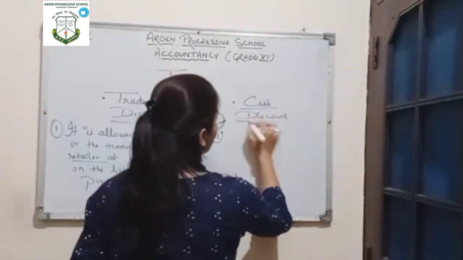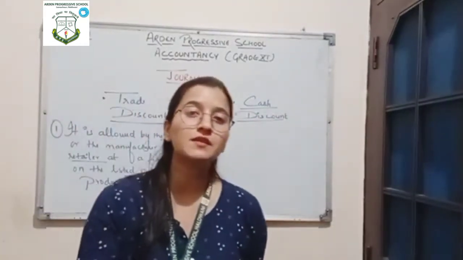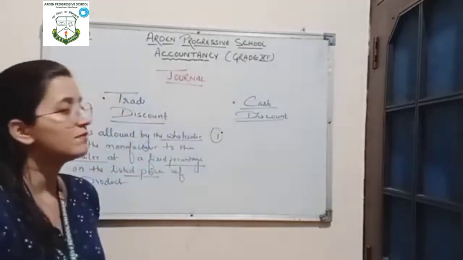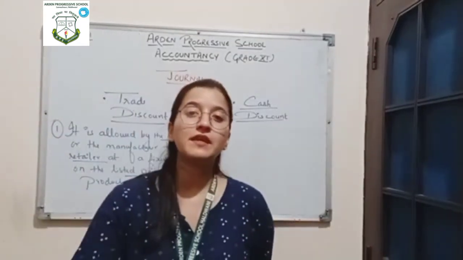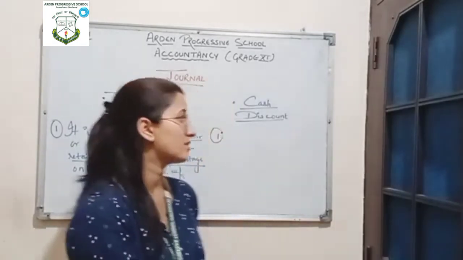Cash discount is the discount which is allowed if the customer makes the payment within the fixed period of time or immediately, or we can say by making prompt payment customer can get cash discount.